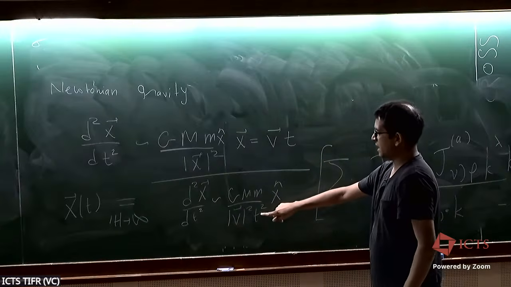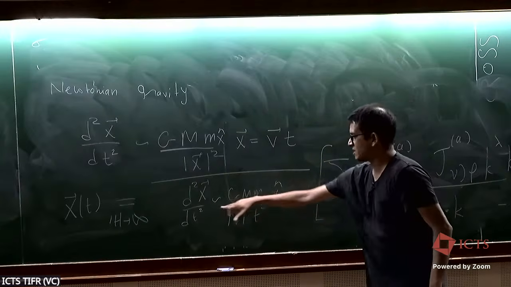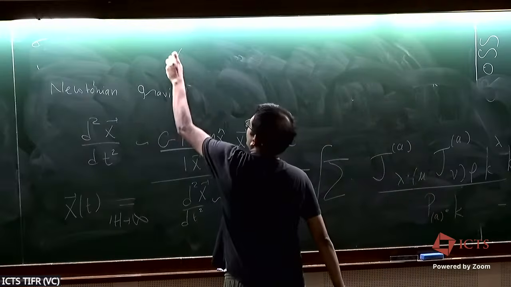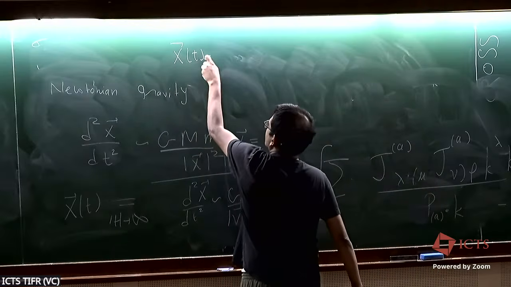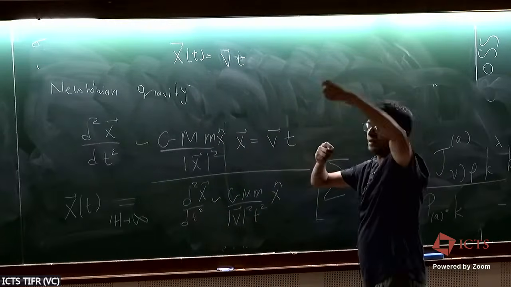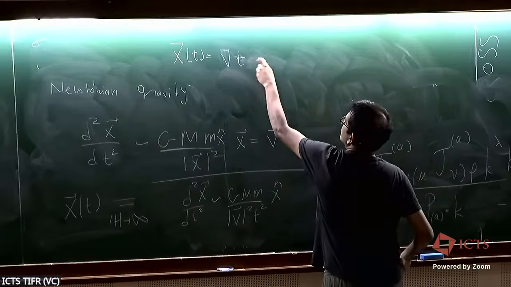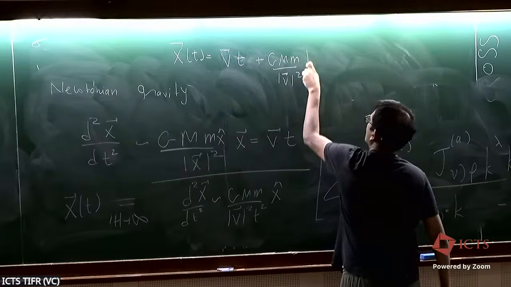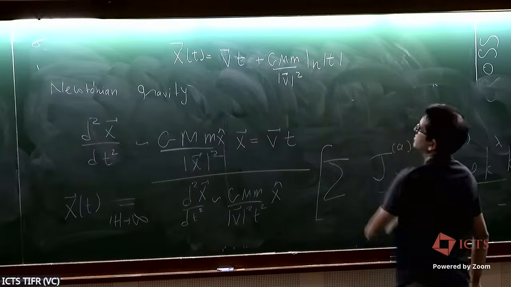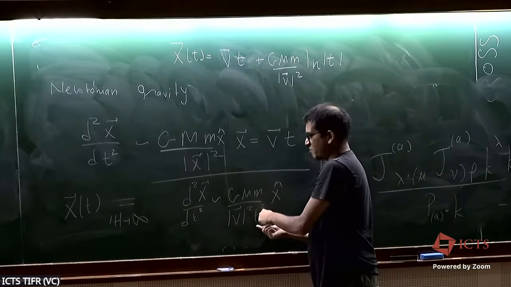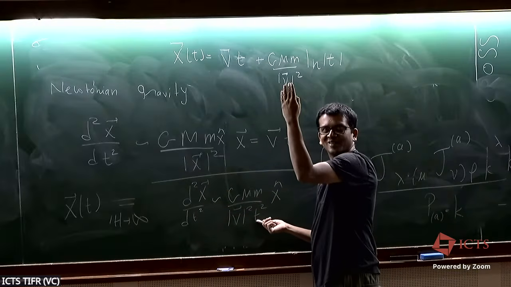And so now, what is the correction? You want to solve this equation, so you have to integrate twice. The first you are assuming it's free, then you are asking, okay, at late time what is the correction? And the correction you can see is of the form log t, because if d2x by dt2 is 1 by t squared, then x has to have a log behavior.